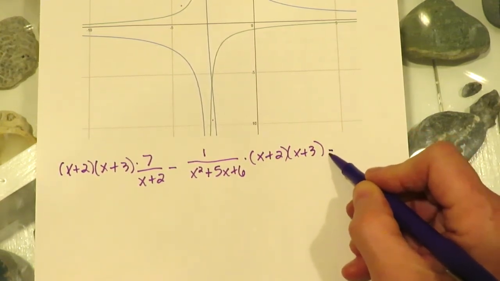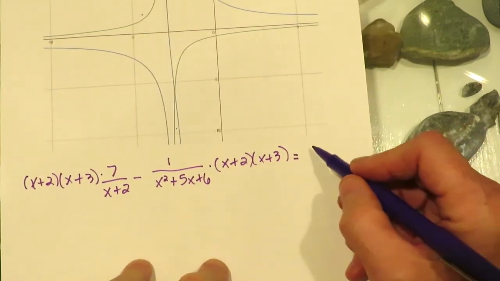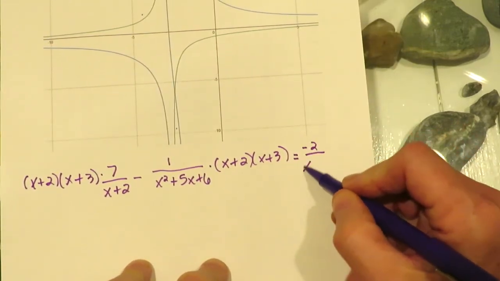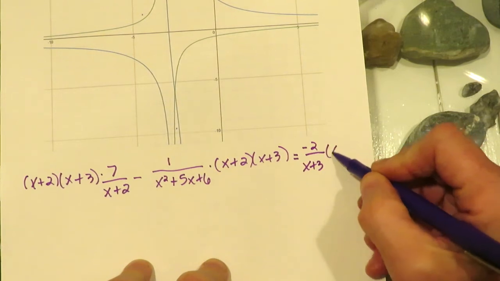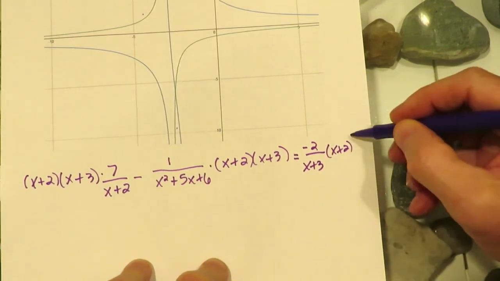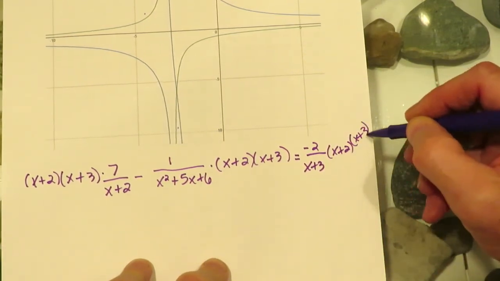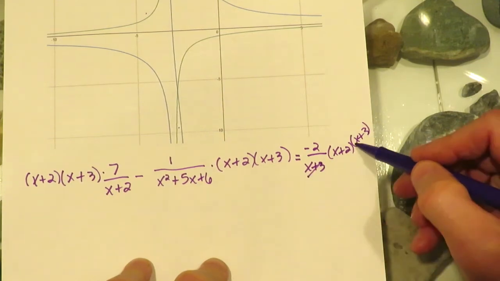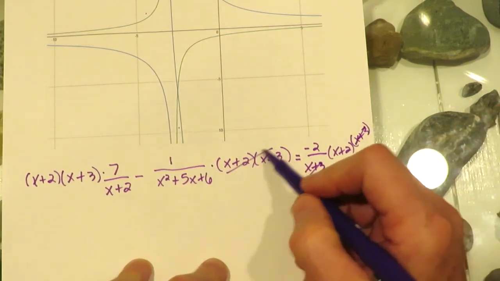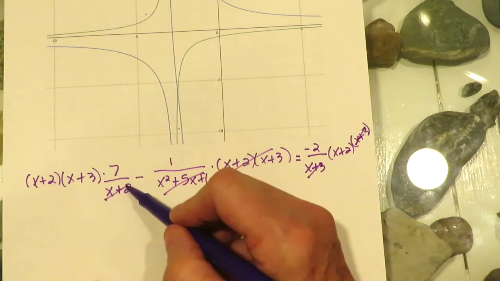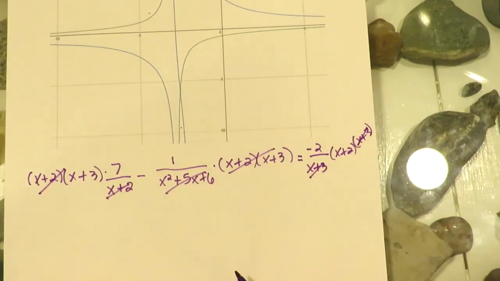And this step looks really messy, but after we get through it, it cleans up a whole lot. So x plus 2 times x plus 3. Okay, so cancel, cancel, cancel, cancel, cancel, cancel.